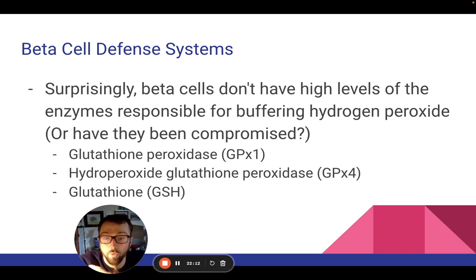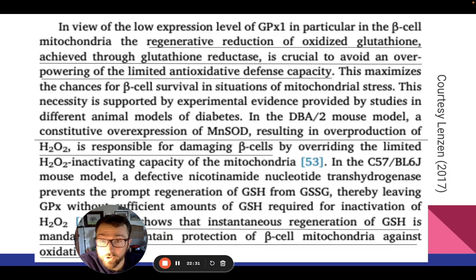Question remains, why do diabetics have low glutathione? Is it a game of, are we producing too much hydrogen peroxide, or is it a game of we don't have enough to buffer the hydrogen peroxide we have? It's probably a combination of the two, if you ask me, but that's what's going on.